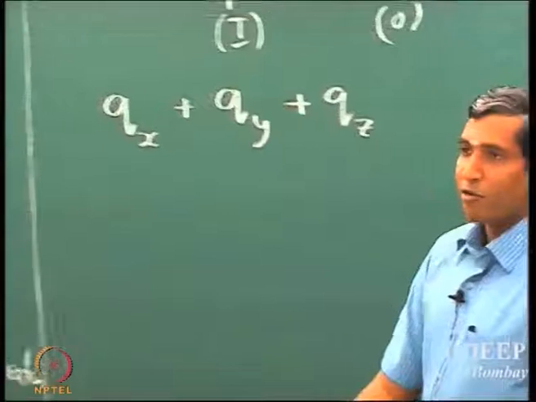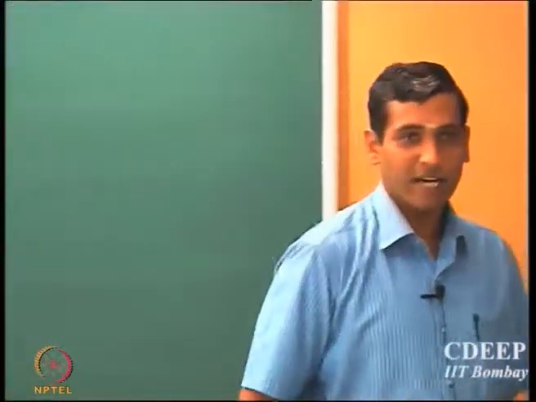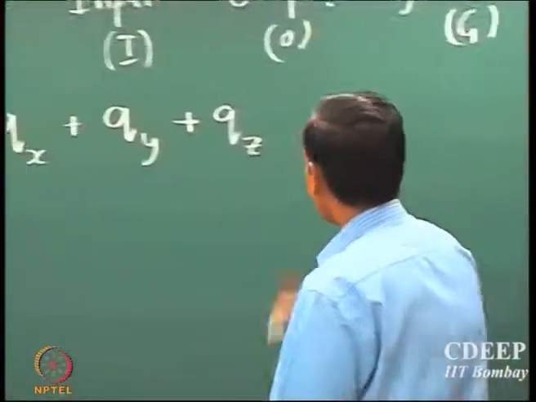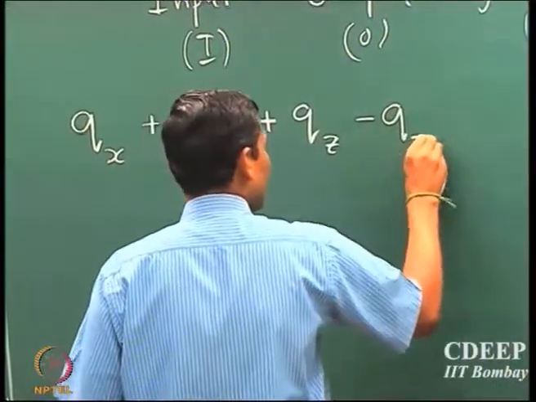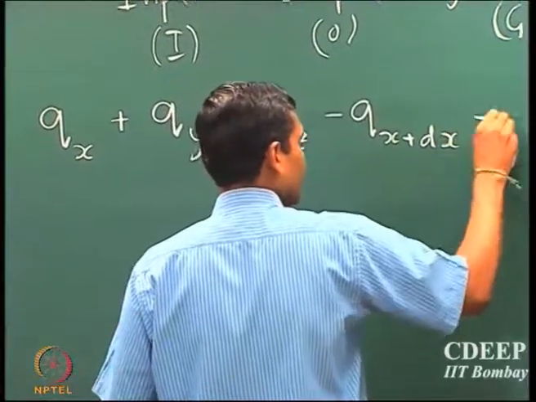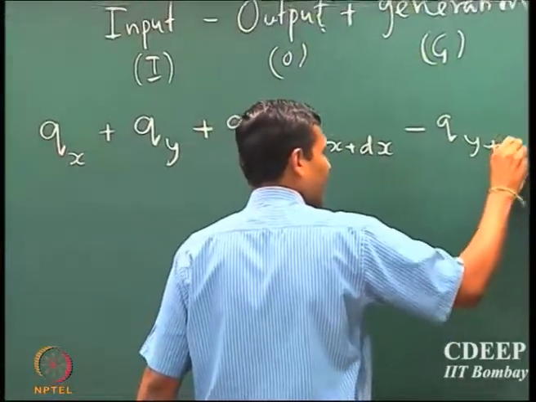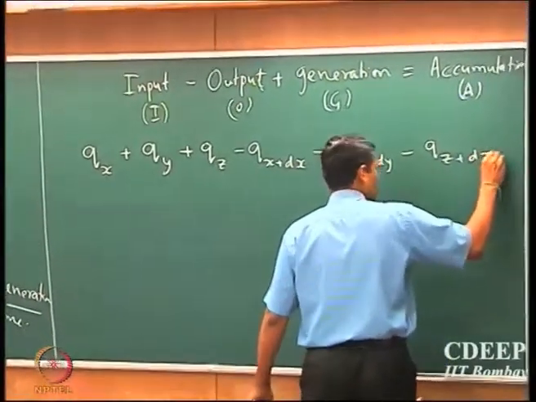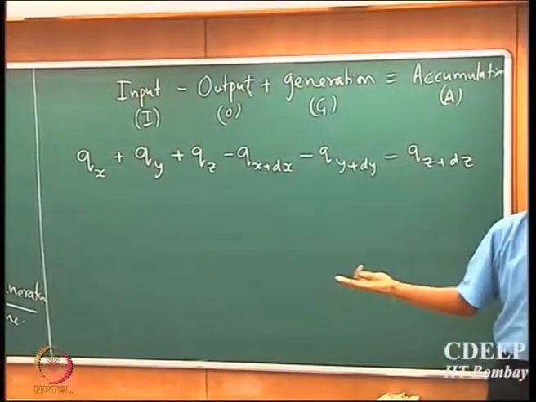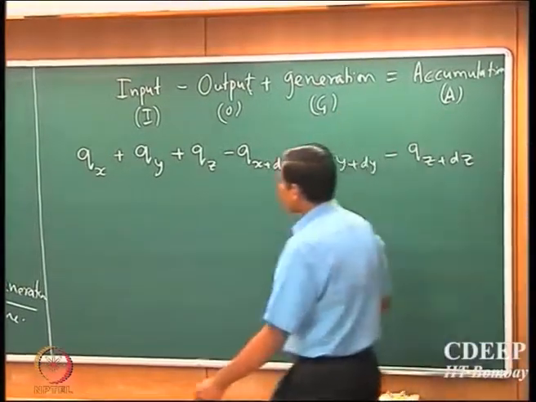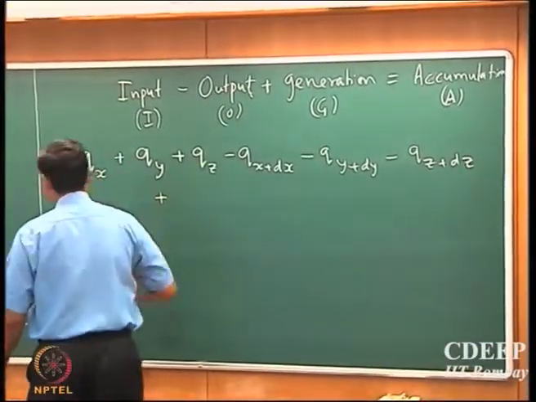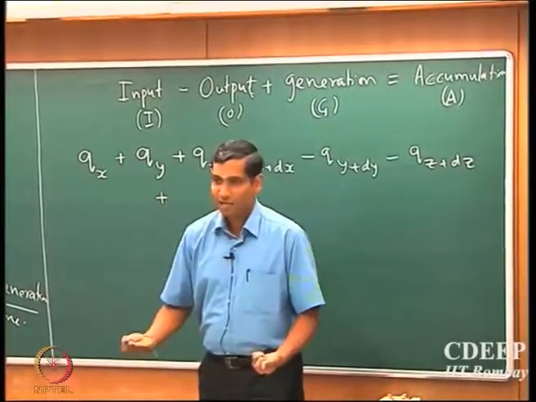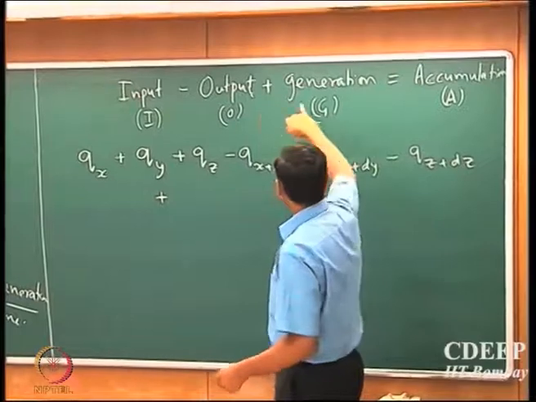That's the total rate at which heat is being input to the system we are considering, and what leaves is Qx plus dx, Qy plus dy, Qz plus dz, plus whatever is being generated. You have to be very careful: when you have a sink term or heat loss term, you have to use a negative sign.